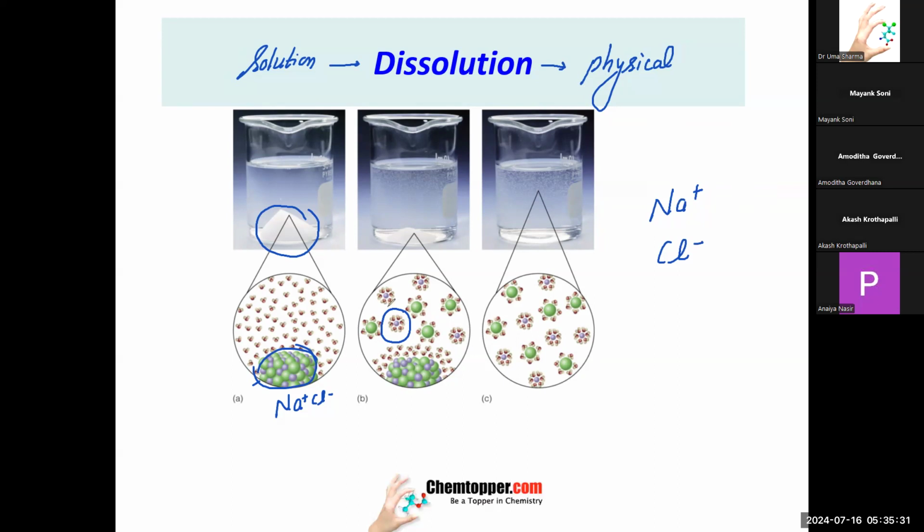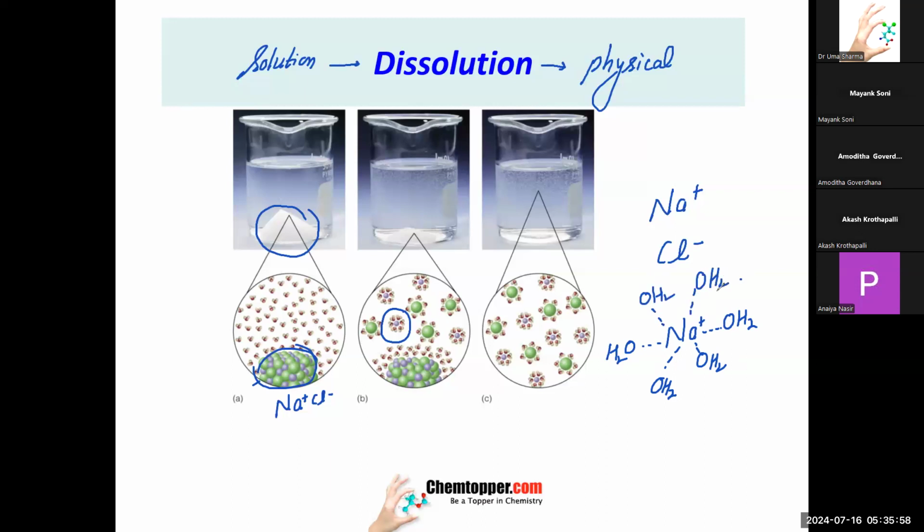So here Na plus is surrounded by water molecules. What is this called? This process where Na plus is surrounded by water is hydration. Yes, we have done it so many times. Is this hydration exothermic or endothermic? Yes, Akash? It is exothermic.